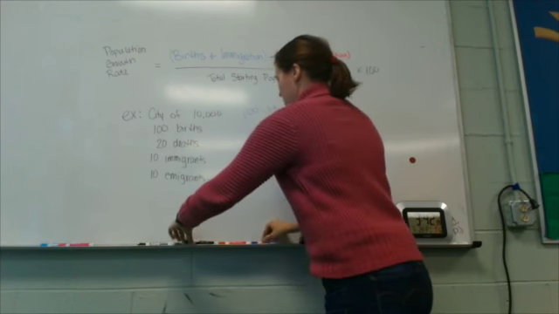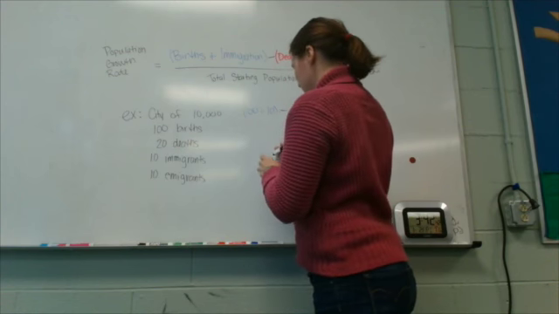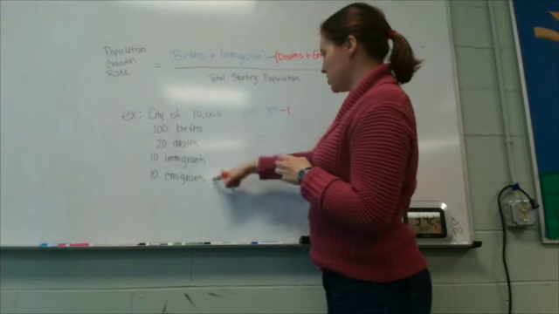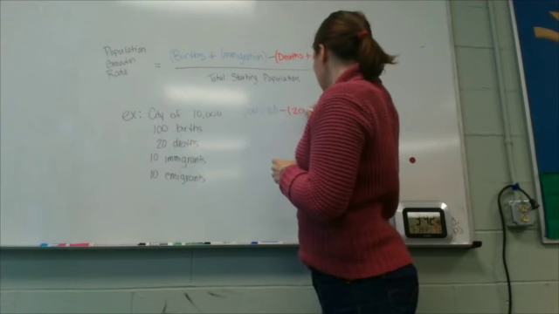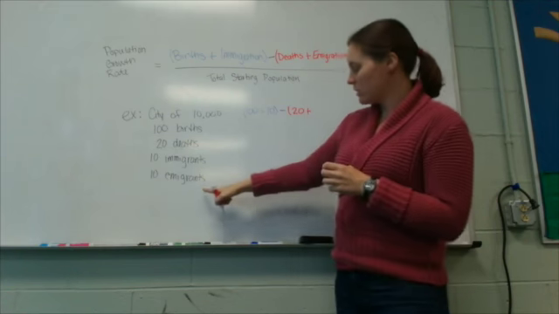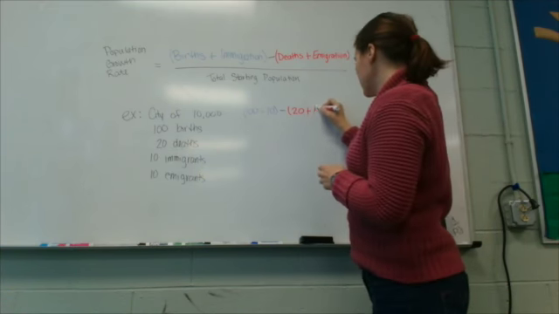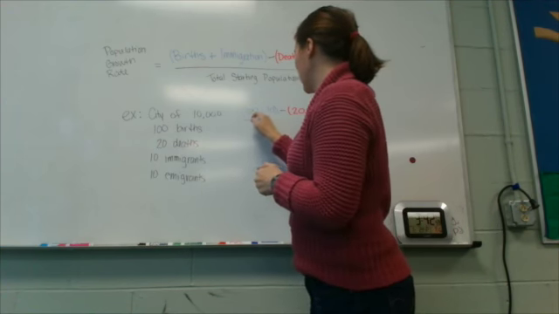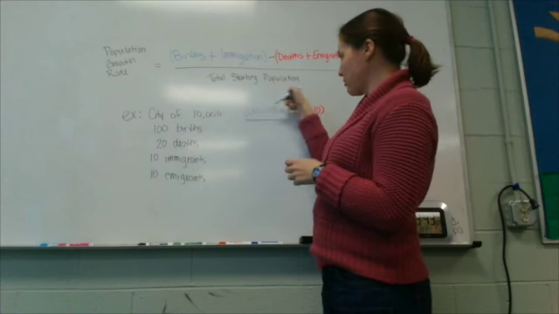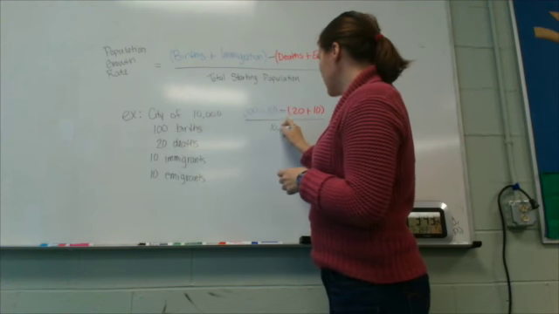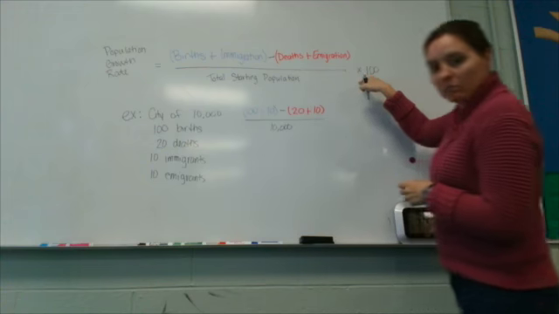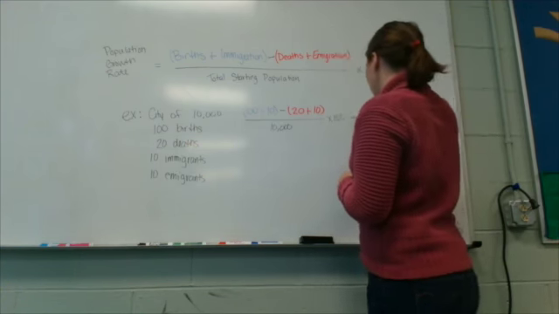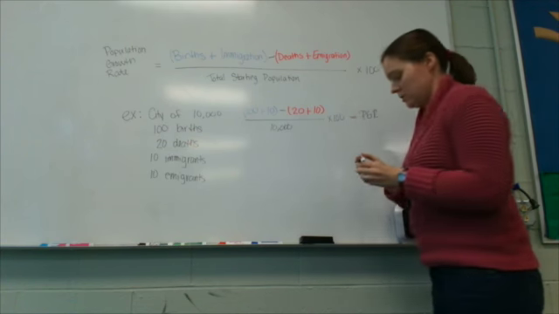And then we would subtract all of the things leaving the population. So that would be our deaths, which is 10 deaths, and emigrants, so that's 10 emigrants. And then we divide that by our total starting population, which was 10,000. And then we multiply by 100. So, and that equals our population growth rate for this city.